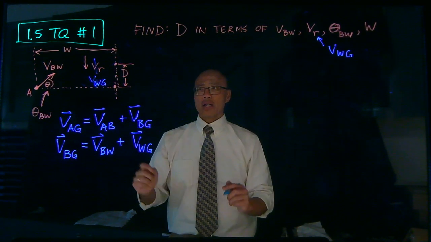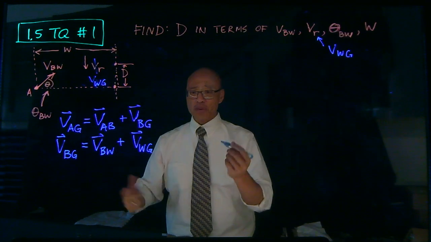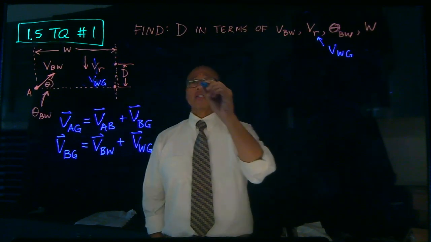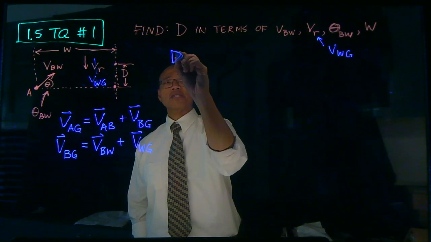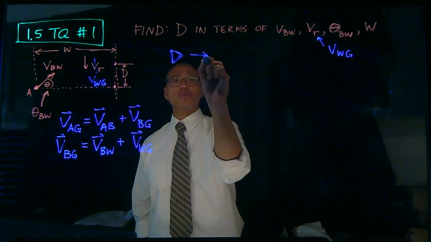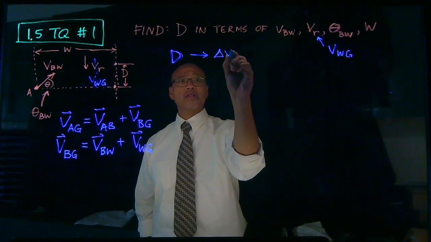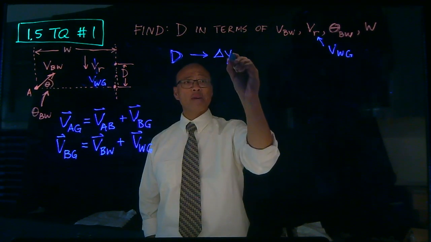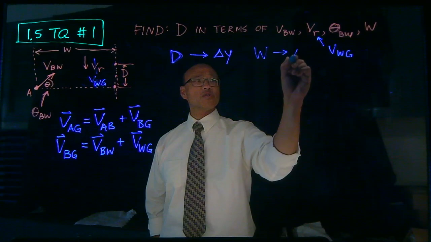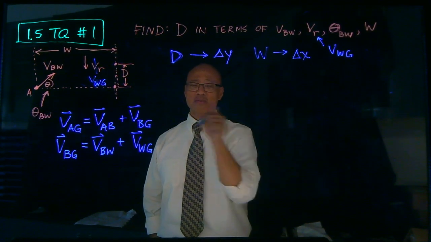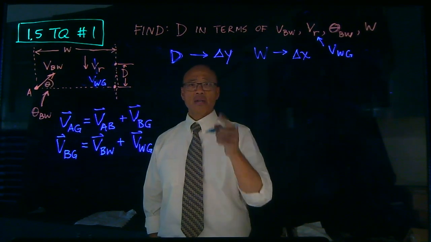Actually, I'm going to write something out real quick. D basically corresponds to a vertical displacement, a change in my y position. The W corresponds to a delta x, or horizontal displacement.